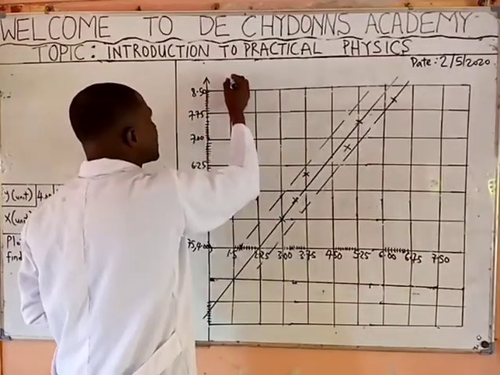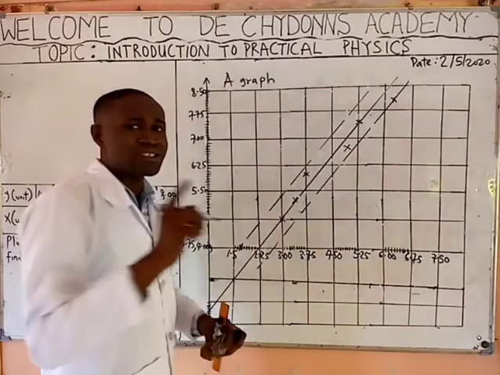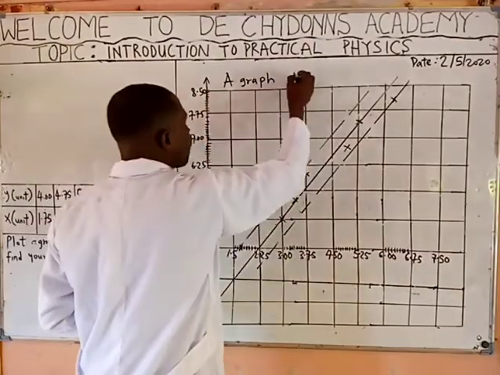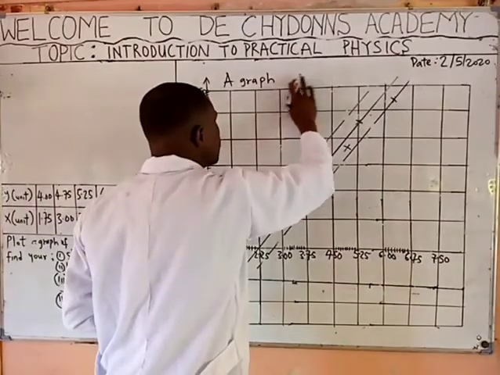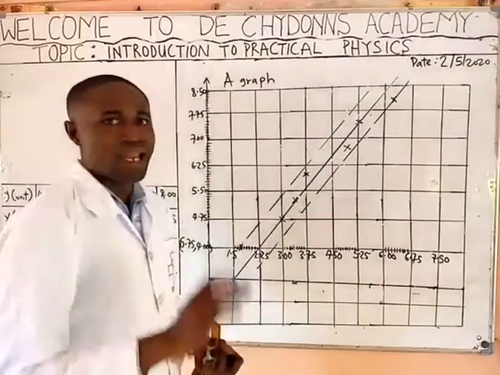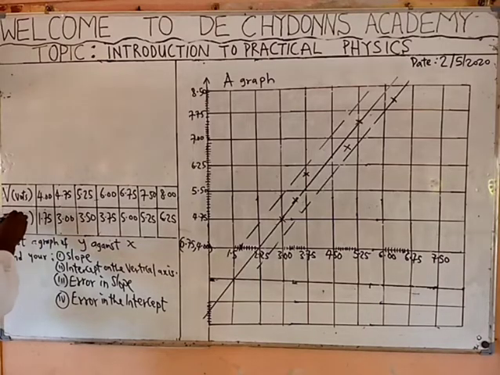Title of your graph, you say a graph of... Don't make the mistake of writing a graph of y against x. Please put the quantity you just performed on. Let's assume they say we should perform on voltage and current. The unit of voltage is volts, you put volts. The unit of current is ampere, you put amp.